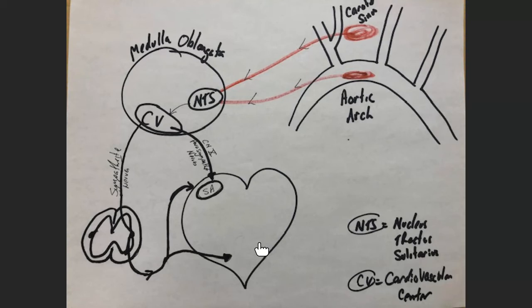The first one that we simply didn't draw on here is the blood vessels. Remember, sympathetic nerves and parasympathetic nerves also have an effect on systemic blood vessels. Think about all those skeletal, the muscular blood vessels.